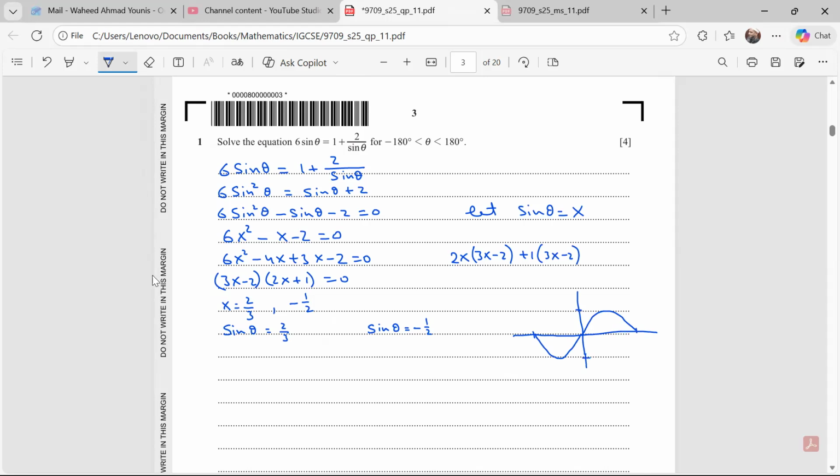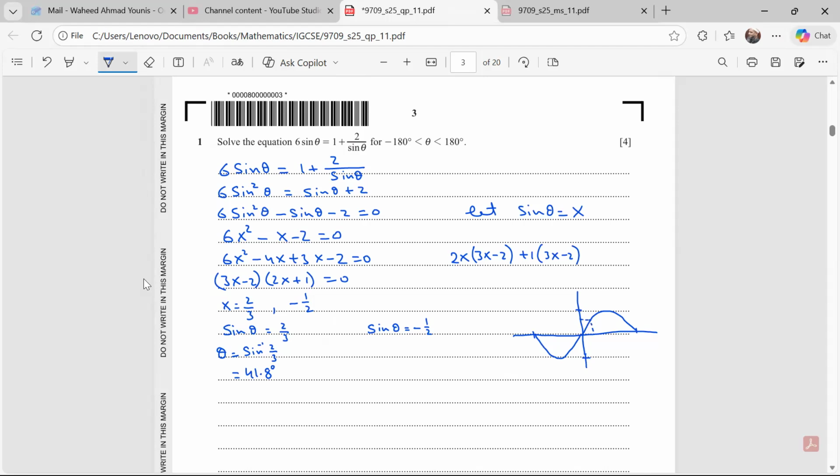When theta is equal to sine inverse 2 by 3, from the calculator we can see that this angle comes out to be 41.8 degrees. It is somewhere here, because 2/3 is here.